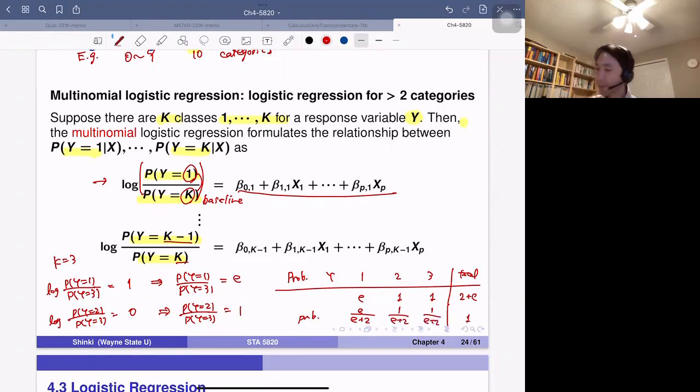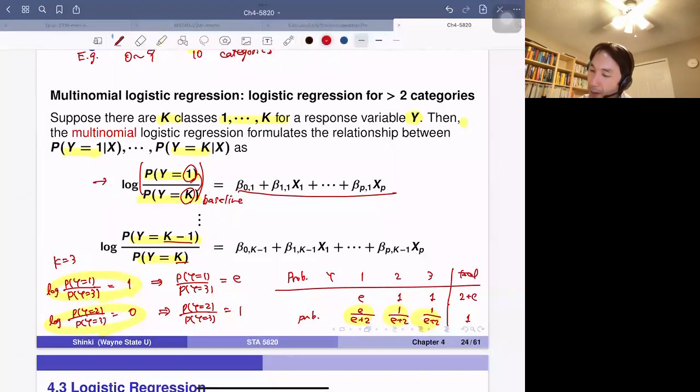Then total is 1, right? So if we have these two pieces of information, then we can calculate these probabilities. Right? So in this way, the multinomial logistic regression works.